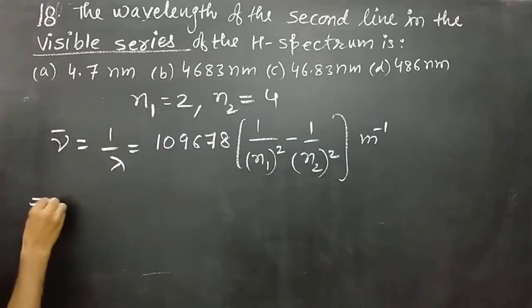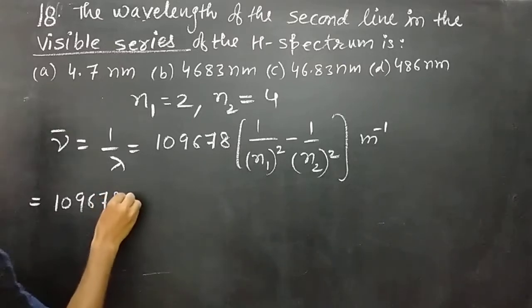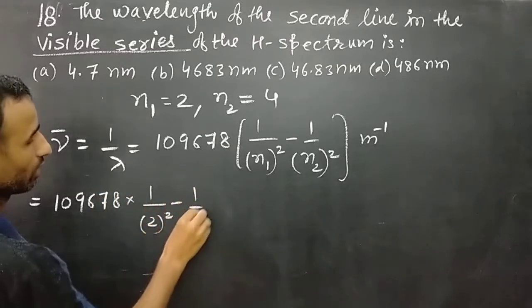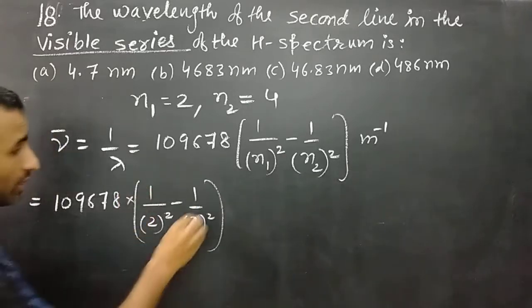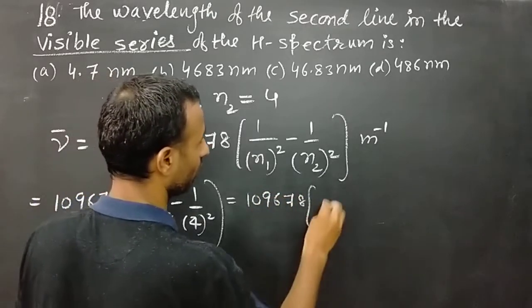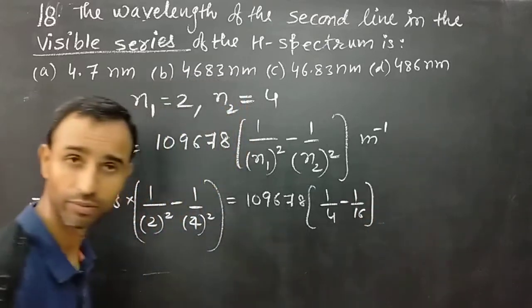So that implies it is 109,678 into 1 upon 2 square minus 1 upon 4 square, right? So that is 109,678 into 1 upon 4 minus 1 upon 16.